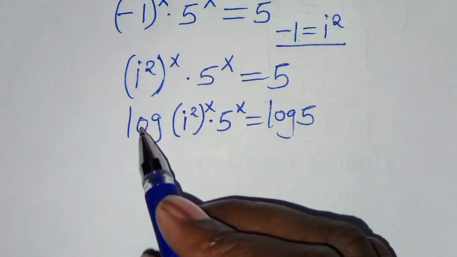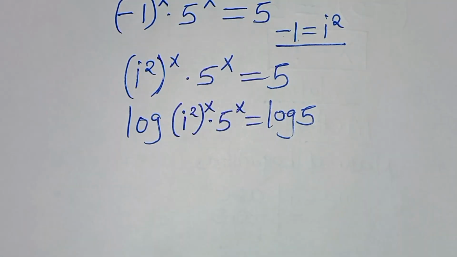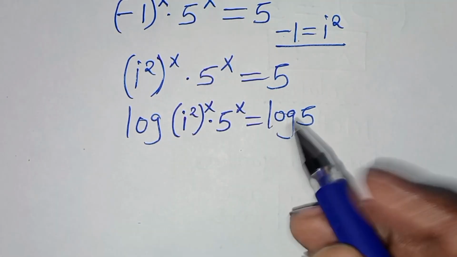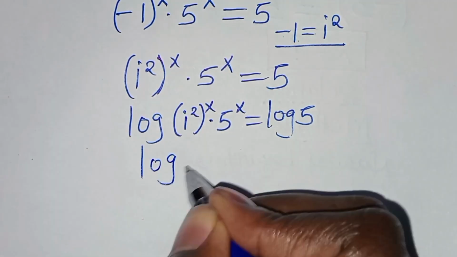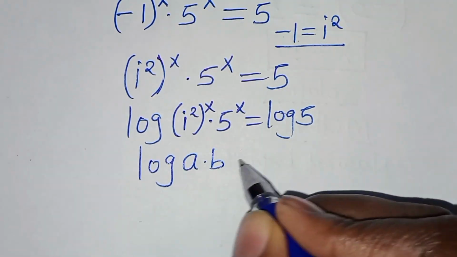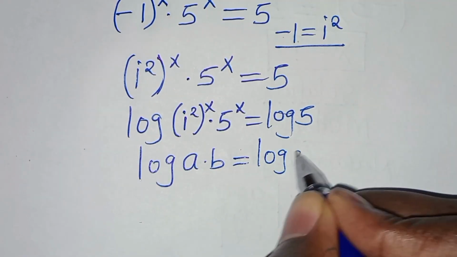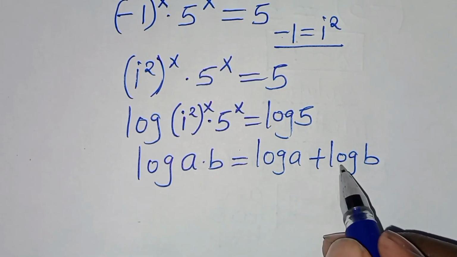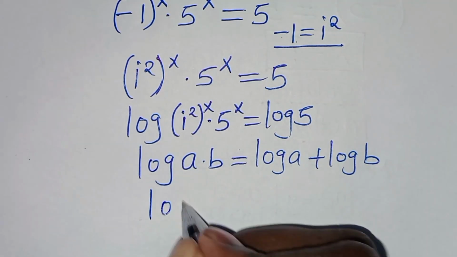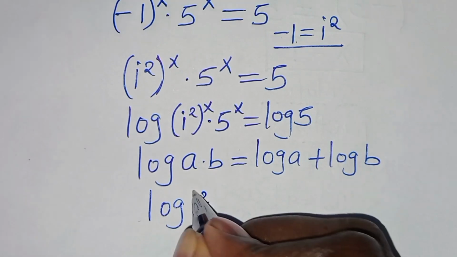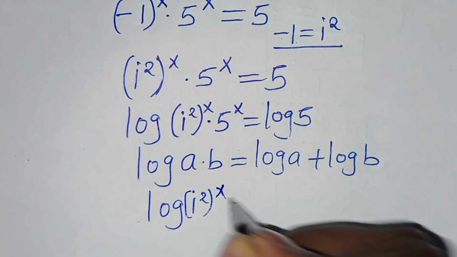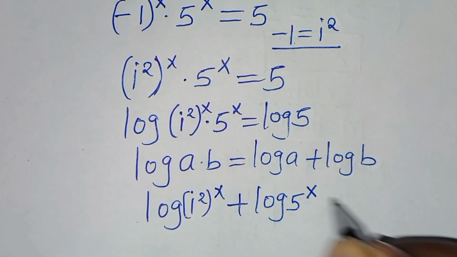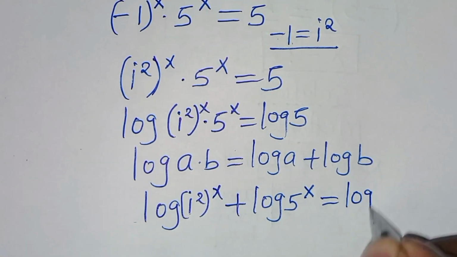This is in the form of log a times b, which you can express as log a plus log b. Applying this logarithm property, then here we have log i squared to power x, then plus log 5 to power x. This is equal to log 5.